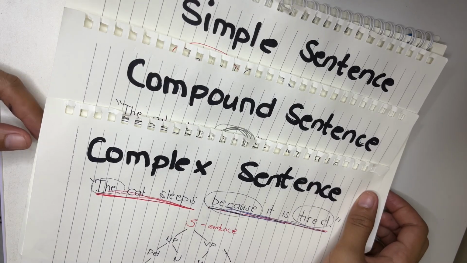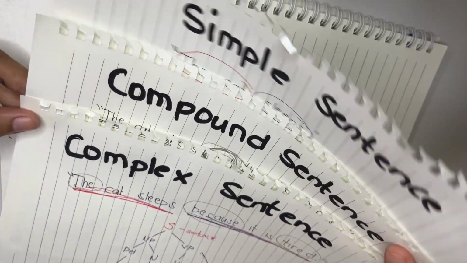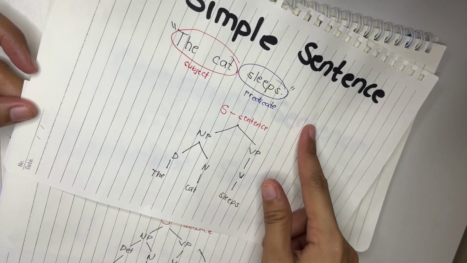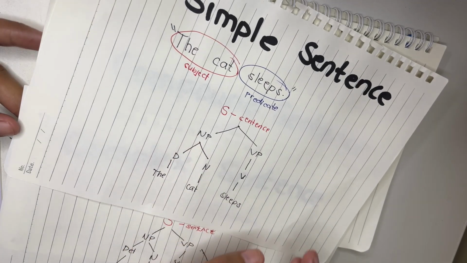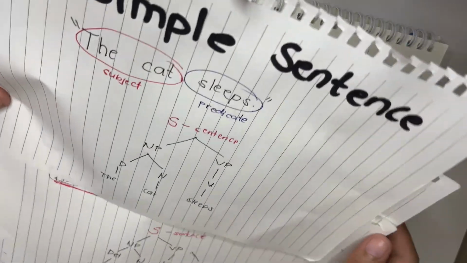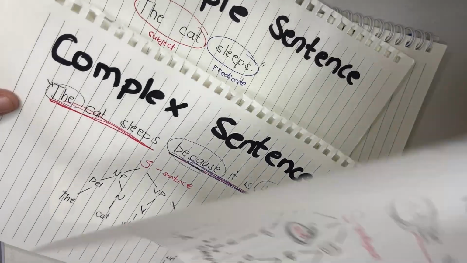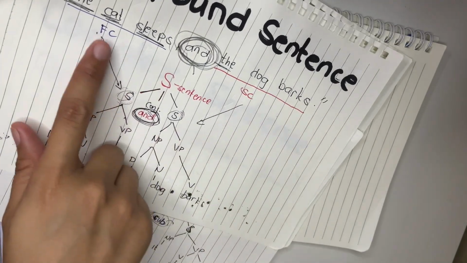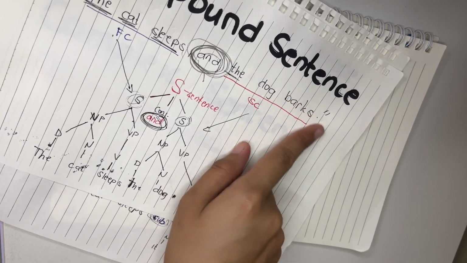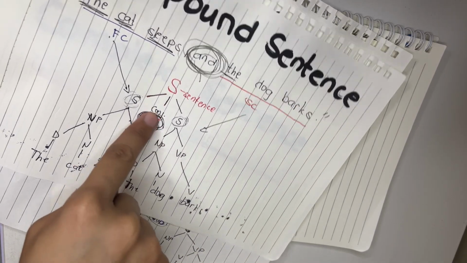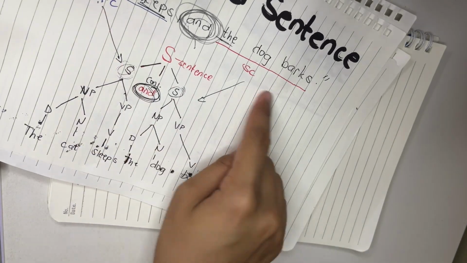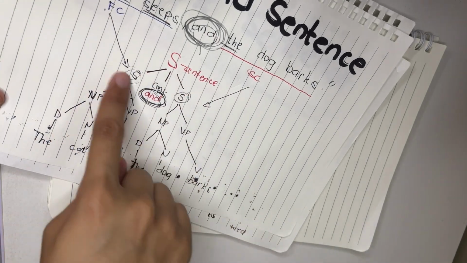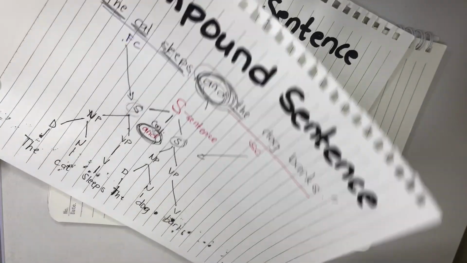For conclusion, a simple sentence has one clause and a straightforward noun phrase and verb phrase structure. While a compound sentence combines independent clauses using a conjunction. As you can see, the first clause and the second clause, so we have two sentences here in the tree structure.